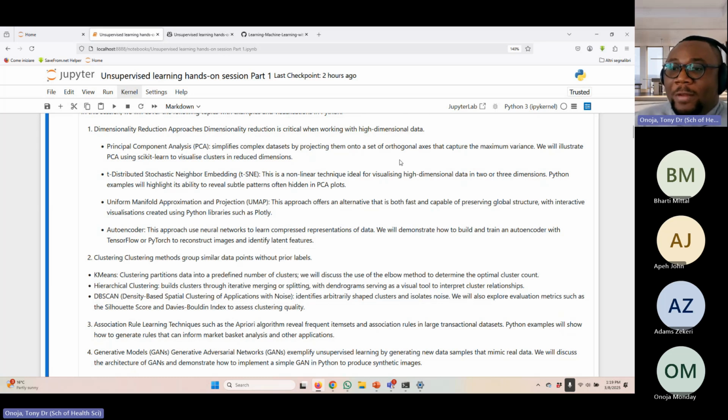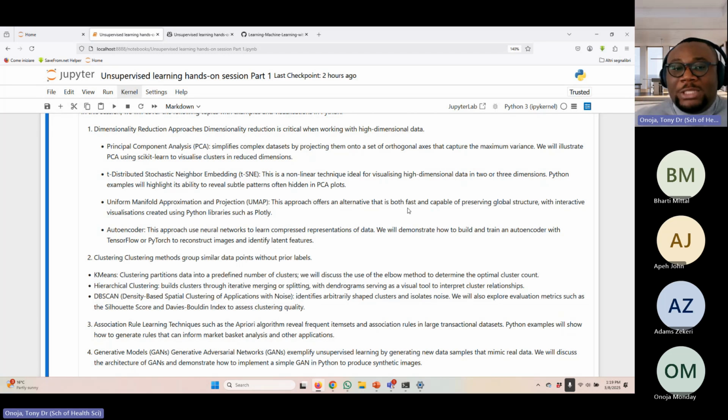So PCA preserves global structure, t-SNE preserves local structure, and UMAP, on the other hand, preserves both global structure and local structure. You could see it's a powerful approach that makes it quite unique from t-SNE and PCA.